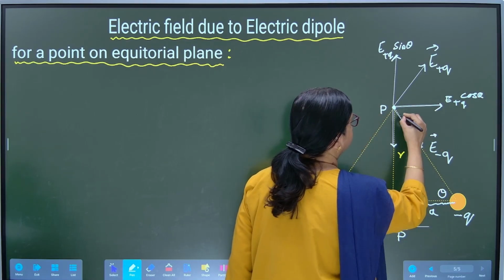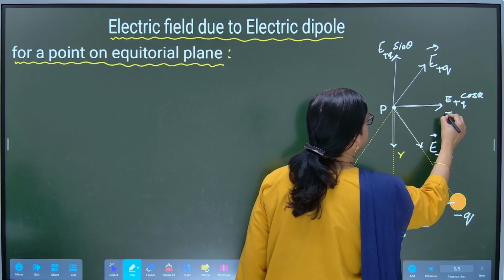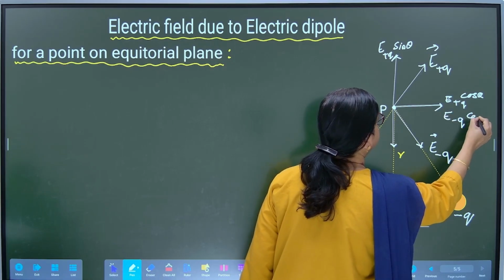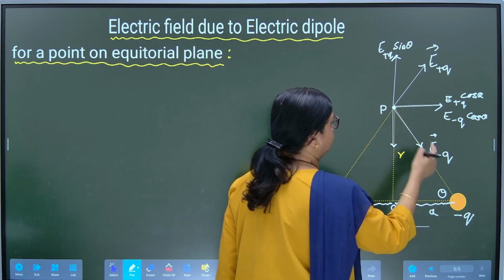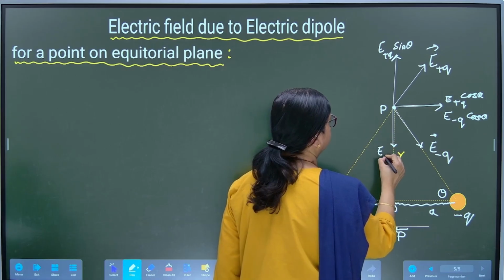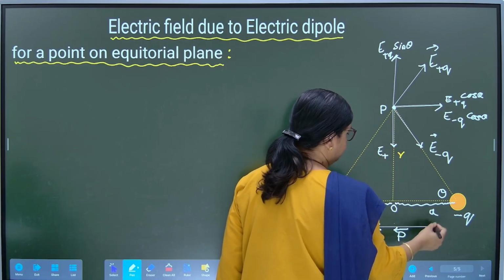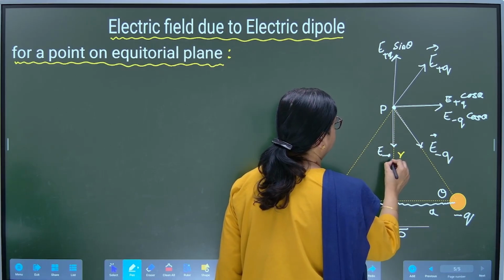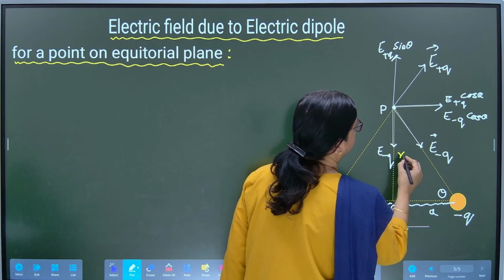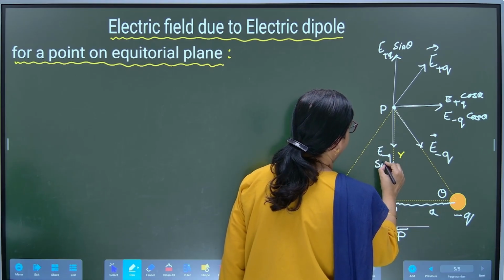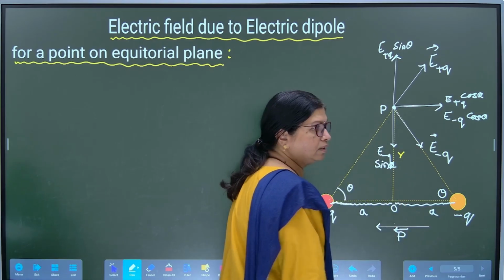Again, here for this vector E negative Q cos theta, horizontal component of this vector, and again the vertical component of this vector E negative Q sin theta. Sin theta I will write down so that it does not remove the R.